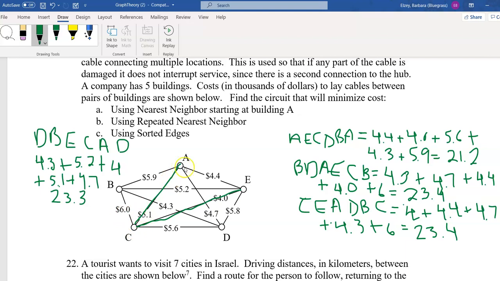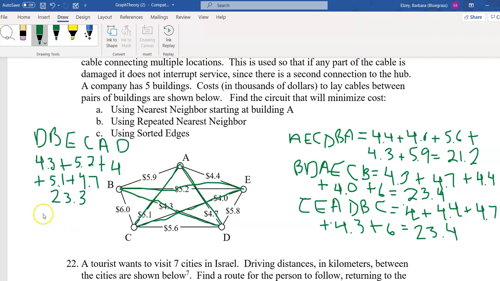And then from A, the shortest one is 4.4, but that would close the circuit, and we don't want to close the circuit yet. We haven't visited all the vertices. So 4.7 would be our next one. From D, we have 5.8, 4.3, and 5.6, 4.3. And now we've visited all of the vertices, so the shortest will be 5.2, which will take us to E and will actually close the circuit.